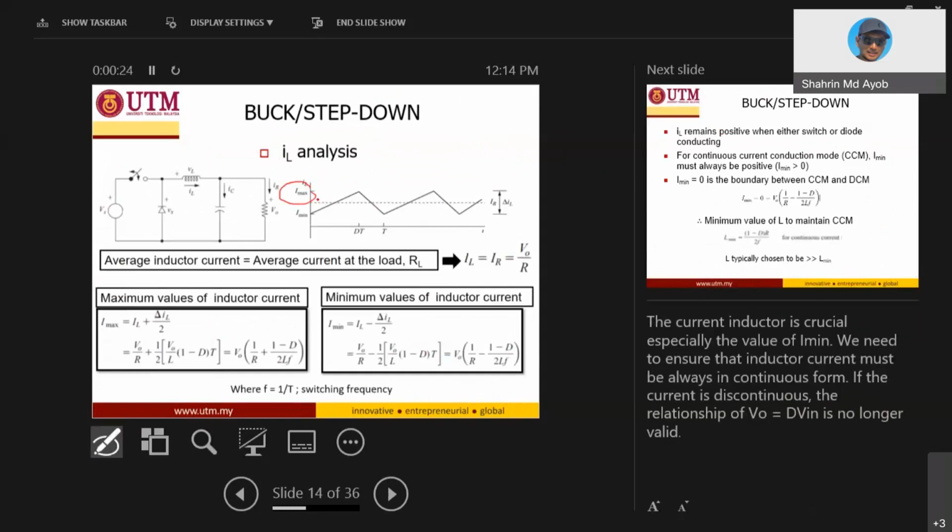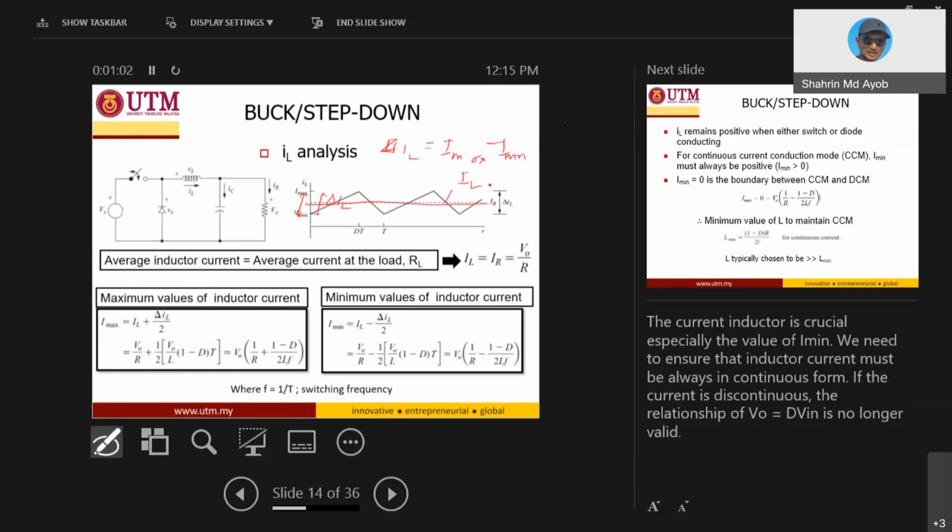And between I max and I min is delta IL. Meaning that your delta IL is actually I max minus I min.